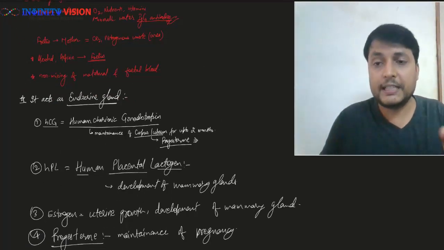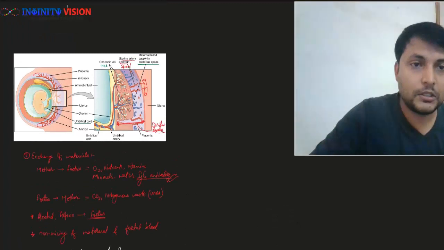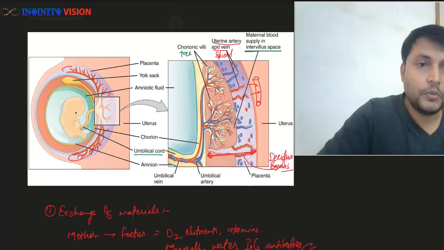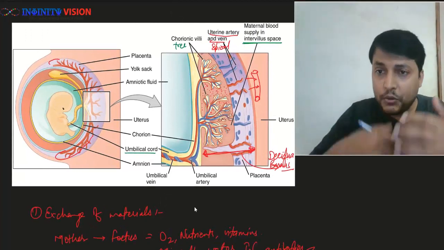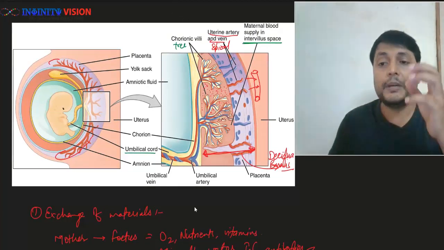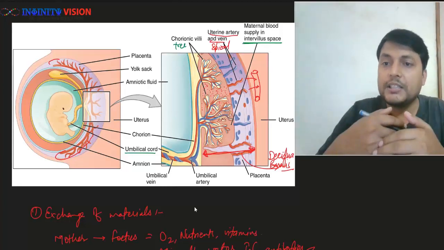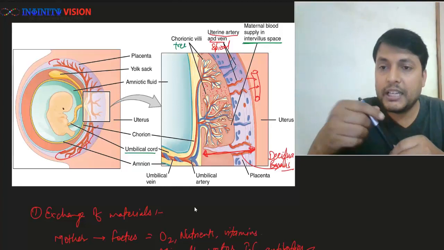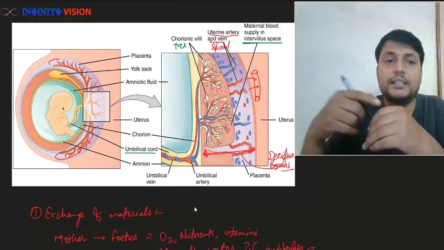If we move to the next part, that is extraembryonic membranes, let us look at this figure again. What we find is the embryo is surrounded by a few membranes which are around this fetus or the growing embryo, and hence we call them extraembryonic membranes.